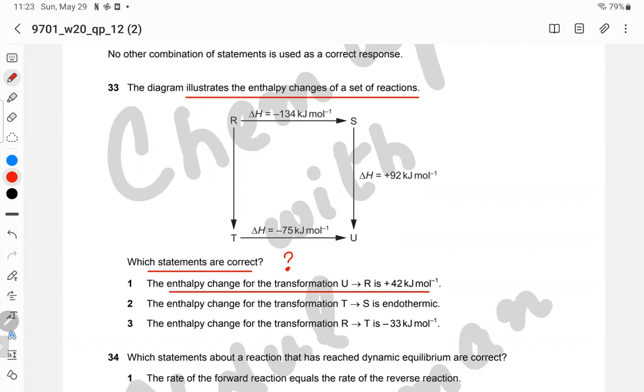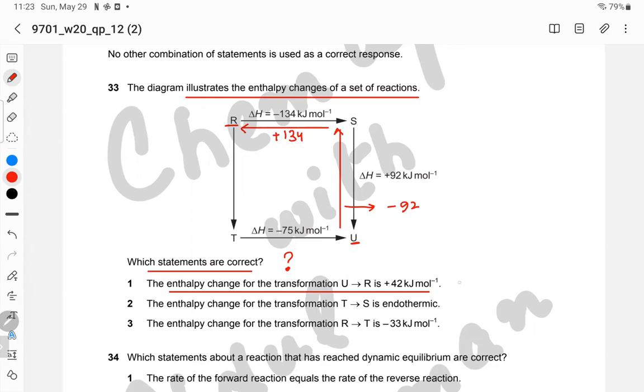Here we have a U and here we have an R. If I move from U to S, then the enthalpy change will be negative 92 kilojoule per mole. And if I move from S to R, the enthalpy change will be positive 134, right?